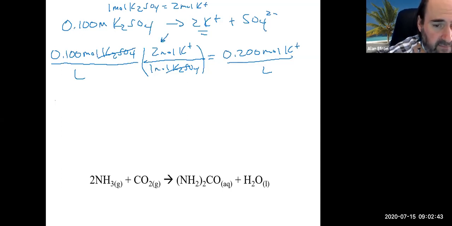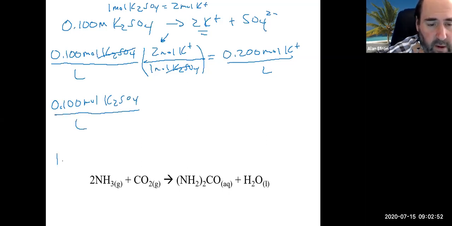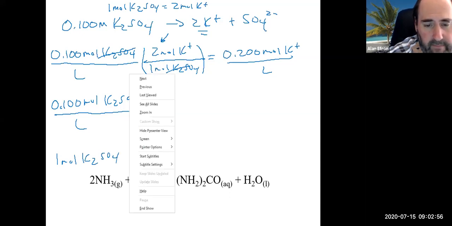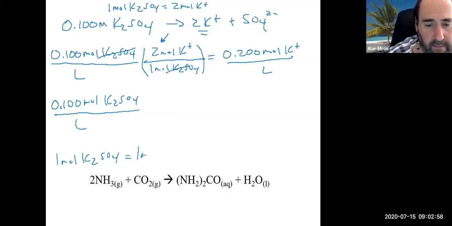Now, if you do the same thing for our sulfate, this is why our sulfate will end up the same number, because for every 1 mole of the whole thing, there is 1 mole of sulfate. It's a 1-to-1 relationship from the equation here.